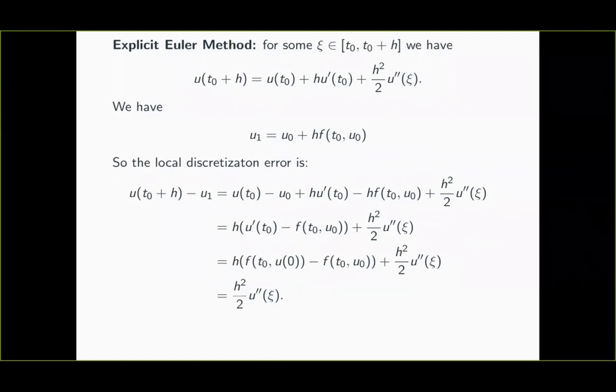This is not very difficult. The local discretization error is just now the error incurred after one time step. We have the exact value at time t0, but at time t1, which is t0 plus h, we will have some approximation error. The approximation error is u at time t0 plus h minus u1.